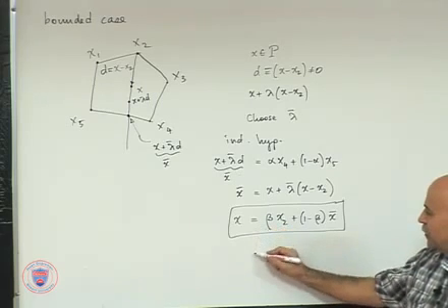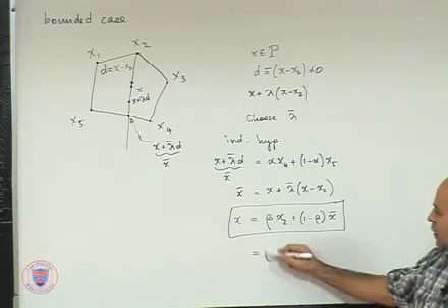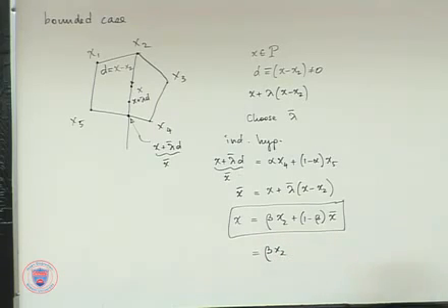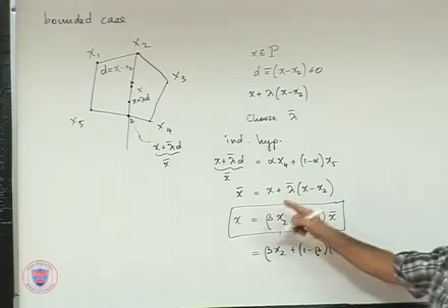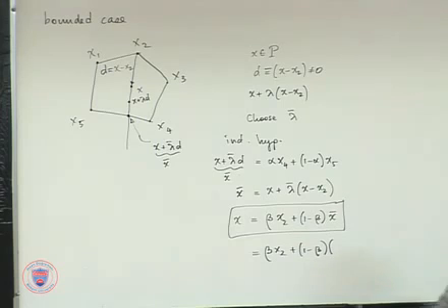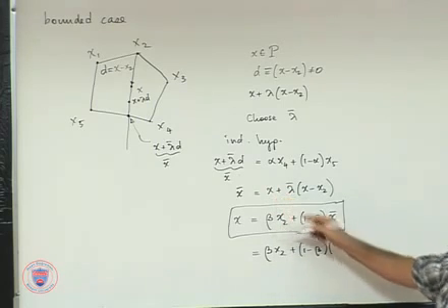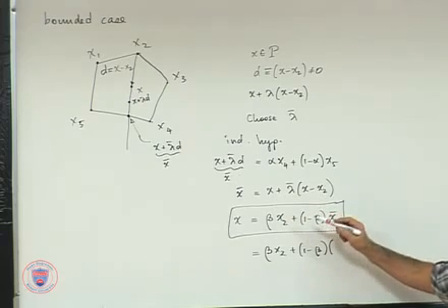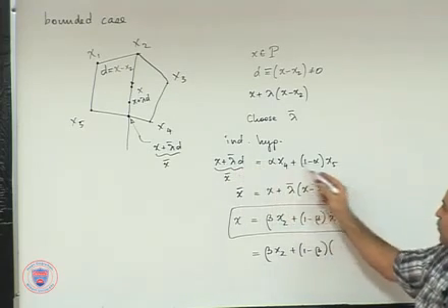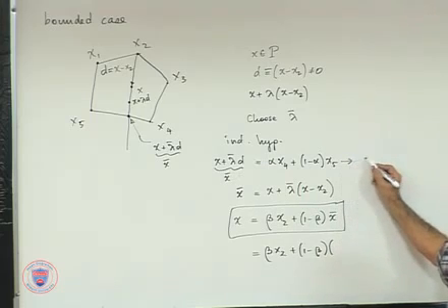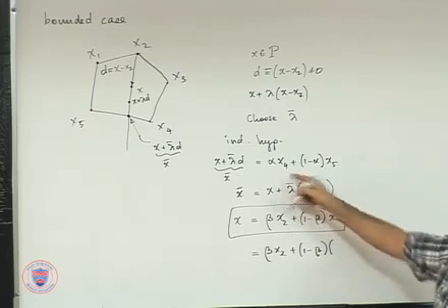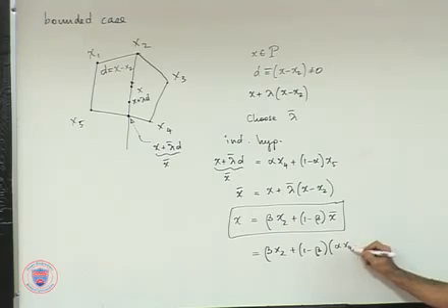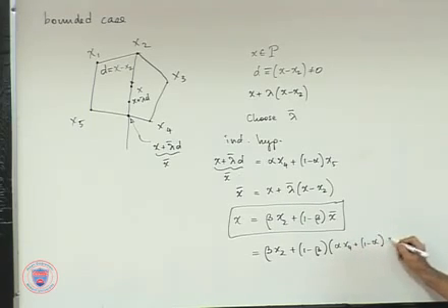And of course, continuing from the boxed expression here, this gives you 1 minus beta times x bar. What is x bar here? Just a second, I better use this information here. From here, x bar is equal to alpha x4 plus 1 minus alpha x5, right?